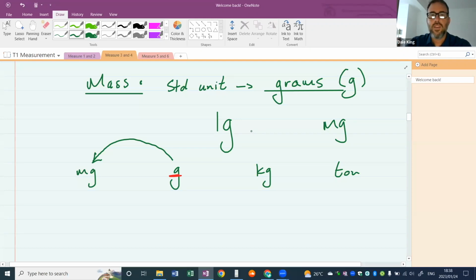So to go from 1 gram to milligrams, I have to multiply by 1,000, and I will get 1,000 milligrams.